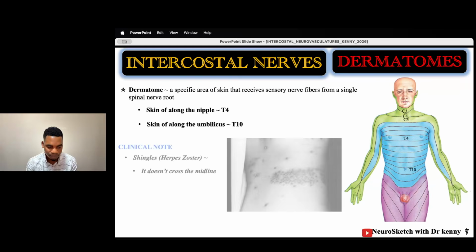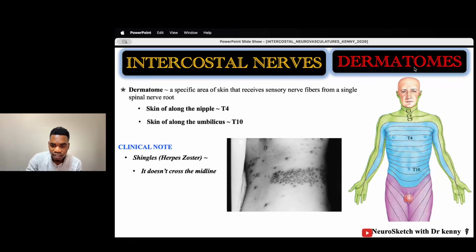Why is this important? The dermatomes are important because, for example, at some point the nerve root can be infected. We have this condition called shingles, or herpes zoster, and in this situation a nerve root is infected by a certain virus, and because that nerve root is infected, the clinical symptoms are reflected on the skin supplied by that specific nerve root.